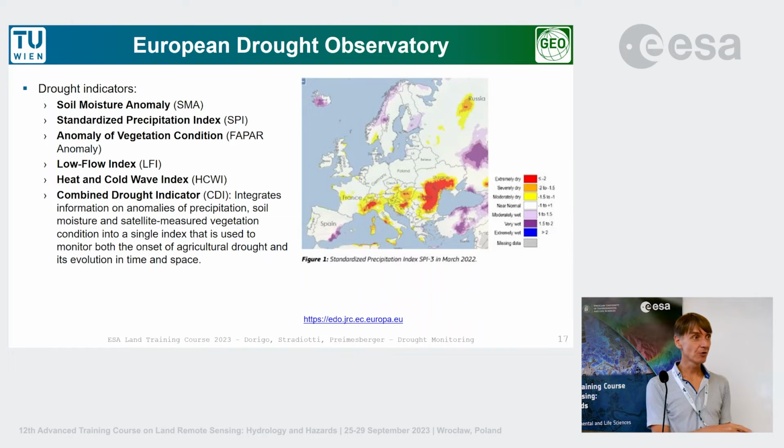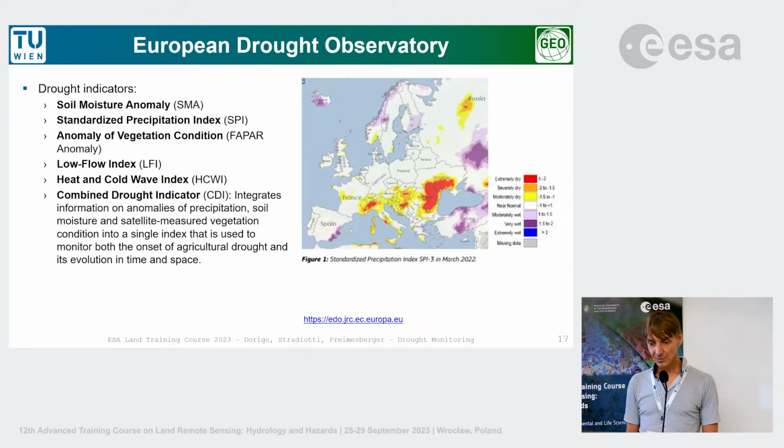One of them is soil moisture anomalies, based on models but also on observations. Precipitation index, FAPAR, which is an indicator of photosynthetic activity. Low flow index, an indicator of stream flow, even heat and cold wave index, and the combined drought indicator really integrates all these things.